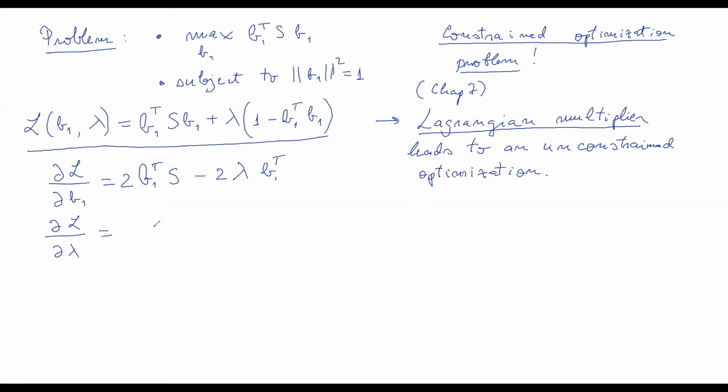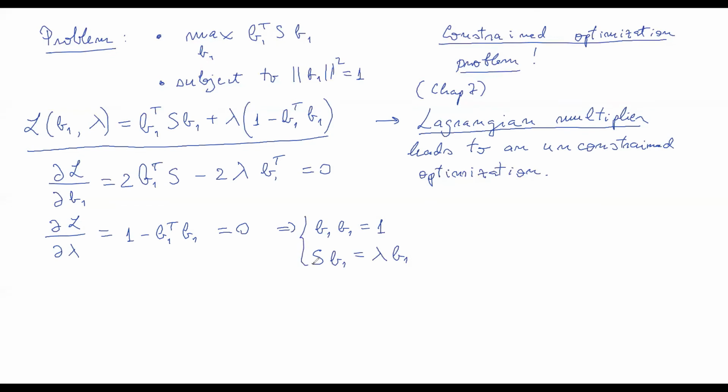This is the linear term in lambda, so it's going to be 1 minus B1 transposed times B1. And so we put this to 0, and from this one we get right away that B1 transposed B1 is equal to 1, and from the other one we get that S times B1 is equal to lambda B1.